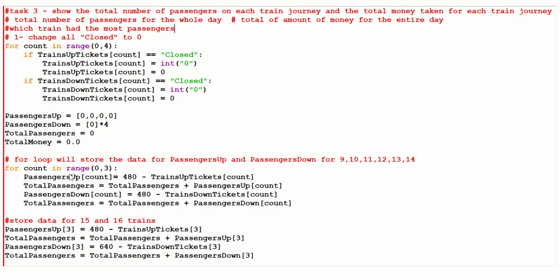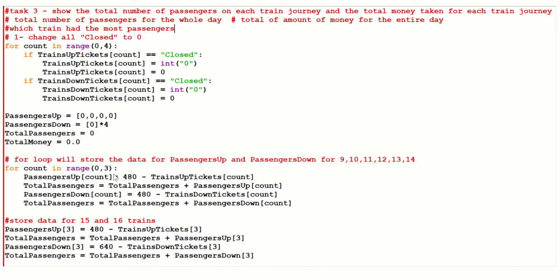For count in range, 0 to 3, so this would do it 4 times. Right, so passengers up, position 0 would equal 480 minus tickets available, so that would mean that is the tickets sold.